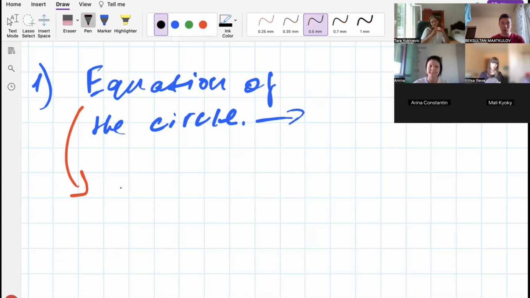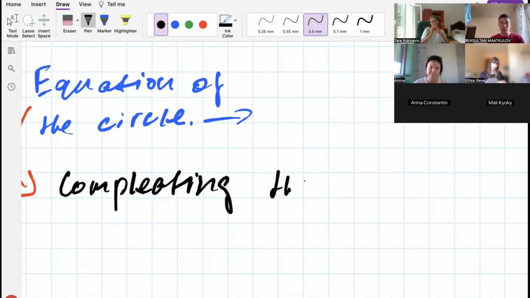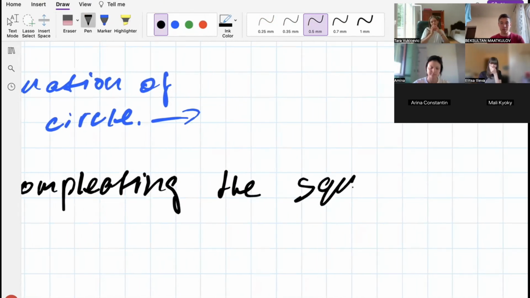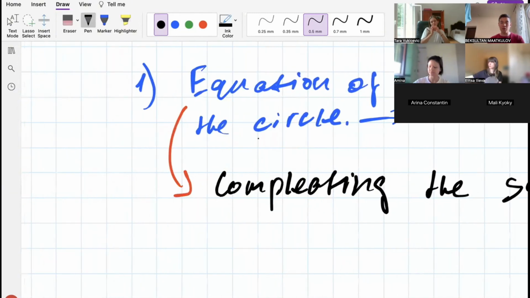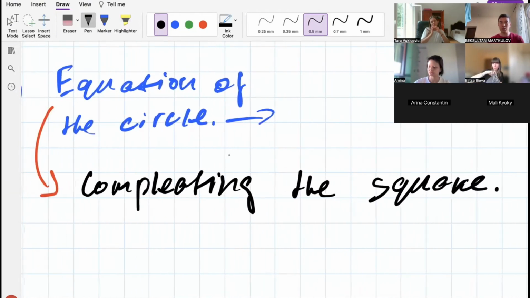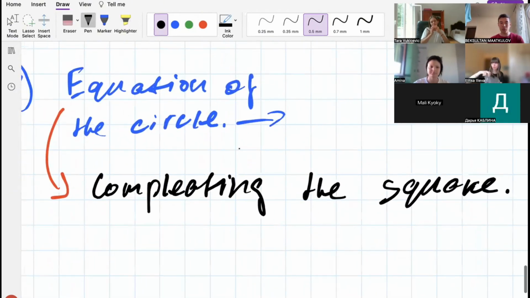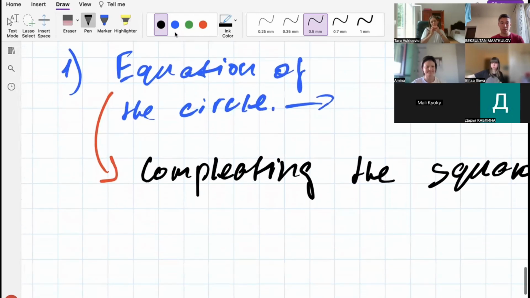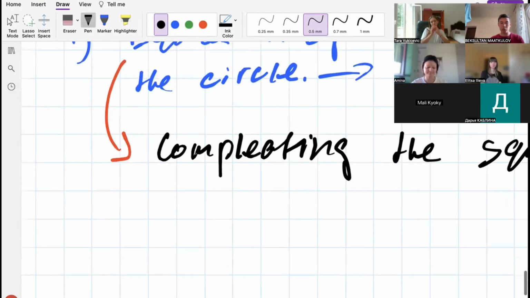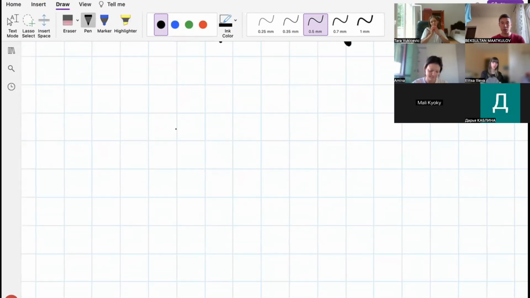So there is a technique called completing the square. After covering these two things, we'll try to solve the problems. So let's see the general formula of the equation of the circle.